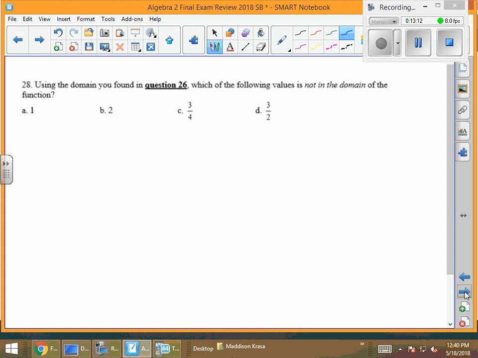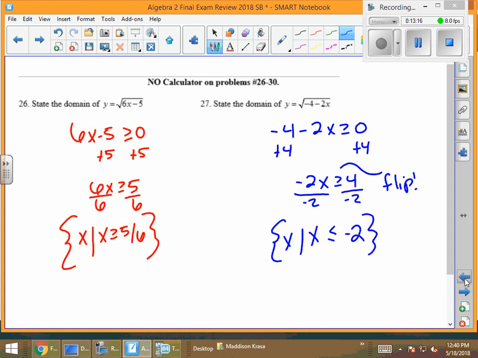All right, 28. Using the domain you found in question 26. Let's go back to 26. All right, so that is x is greater than or equal to 5 over 6. 5 over 6, if you were to put that in your calculator, you would figure out that's about 0.83 repeating. So we want x to be greater than or equal to 0.83 repeating.